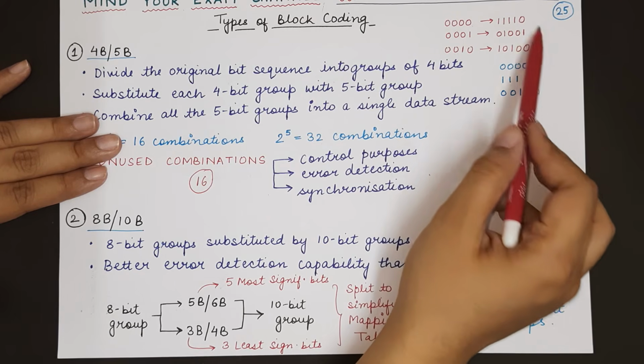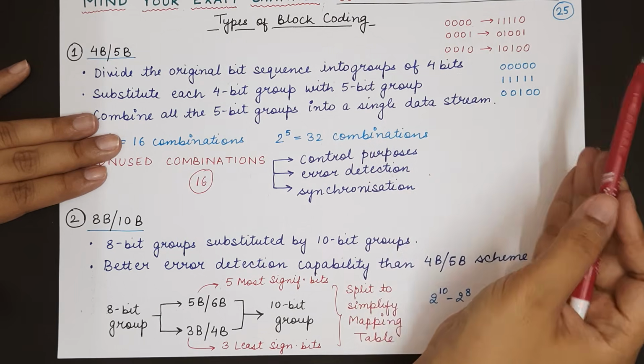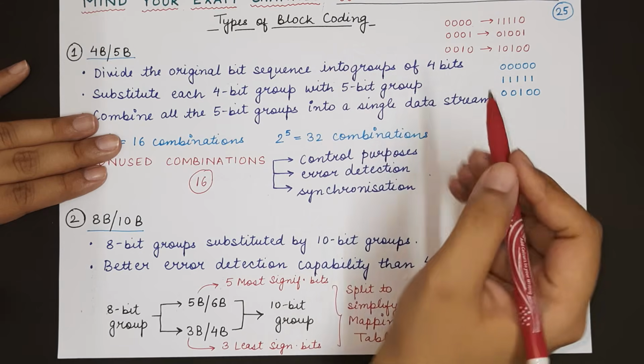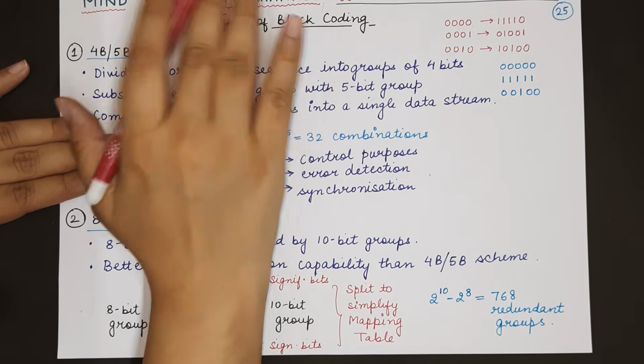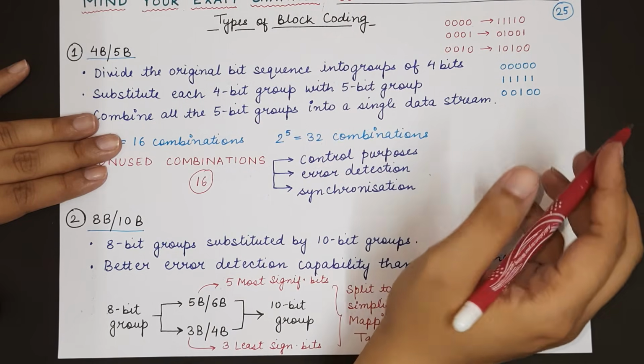So this is the mapping table which is maintained so that when the receiver receives this block coded data, the receiver knows how to convert it into the original data by performing the reverse of block coding. Okay.